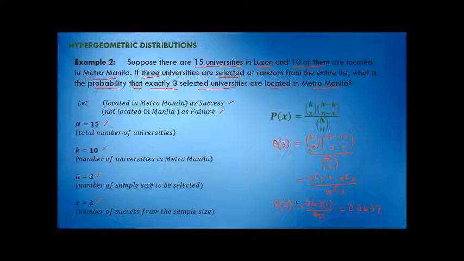So, ang sagot dyan would be 0.2637. So, this is the probability of getting exactly 3 universities that are located in Metro Manila pag nag-select tayo ng tatlong university sa buong Luzon.